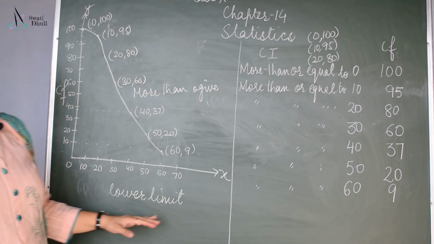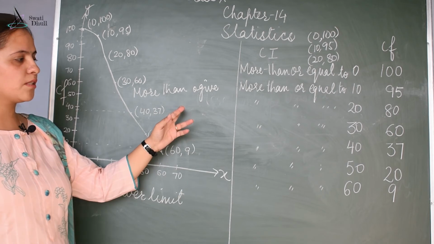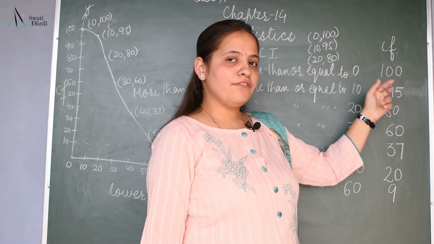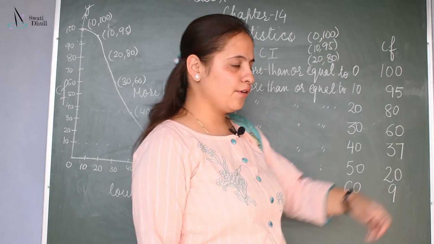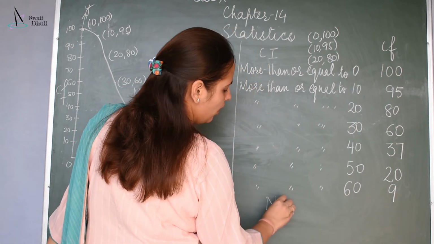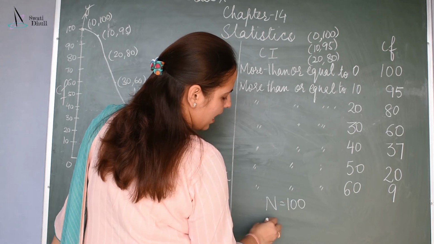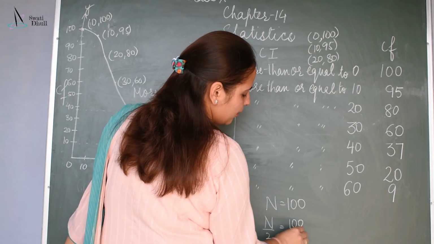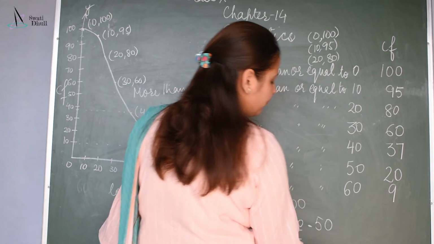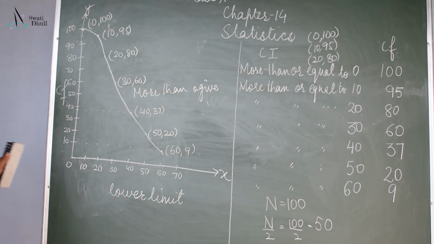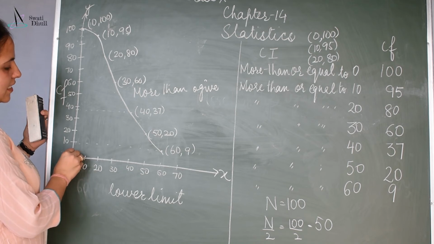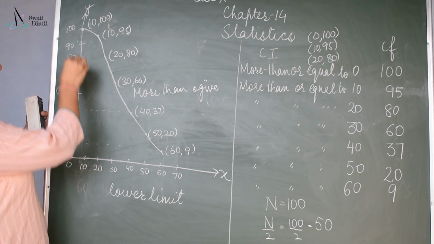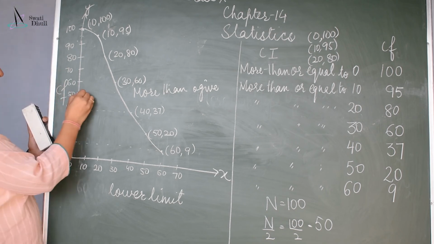So now to find out the median from this more than type ogive, the sum of all the frequencies is 100. Now here n is 100, and what is n by 2? It is equal to 100 by 2, which is equal to 50. So we will just see where this 50 lies on the y-axis. So 50 lies here.